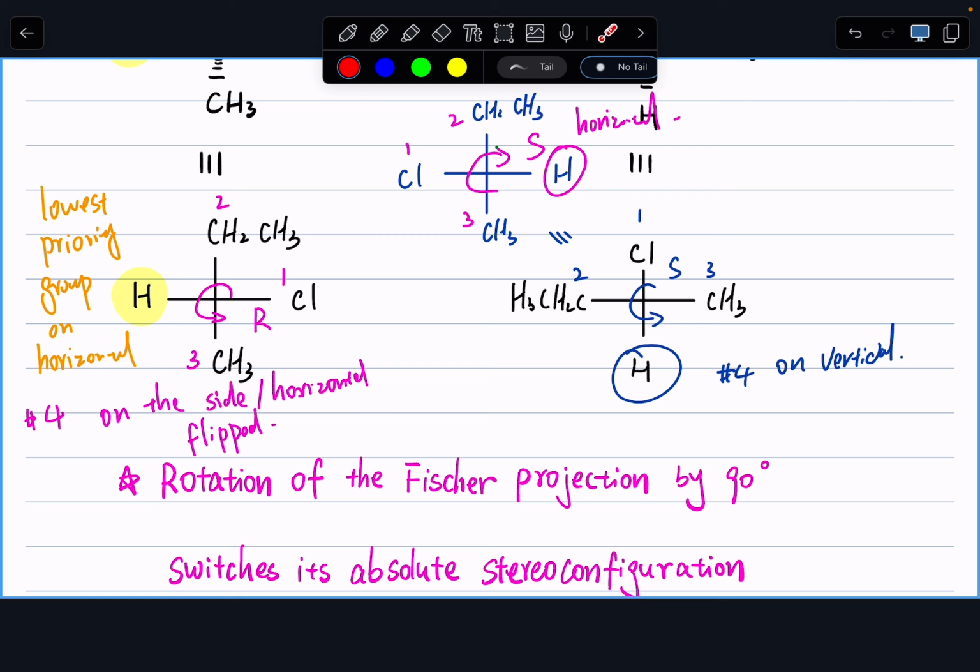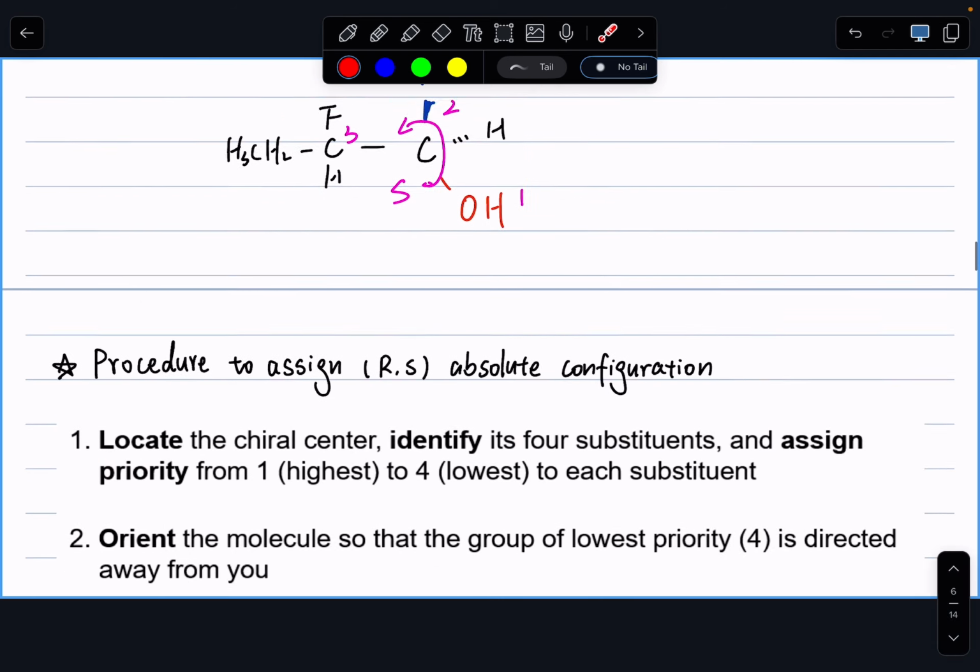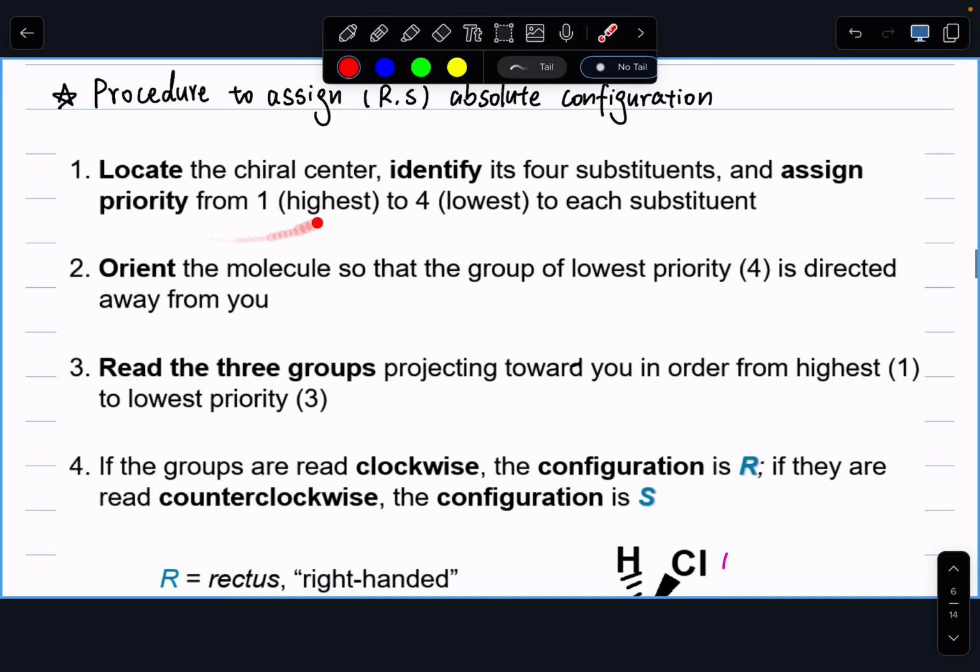Yes? I know you might have already explained this, but what's the reason why you switch the configuration from R to S, or S to R, based on the hydrogen placement? So this goes back to our original assignment. In the original assignment of the RS absolute stereo configuration, note that we always put the lowest priority group directing away from you, right?